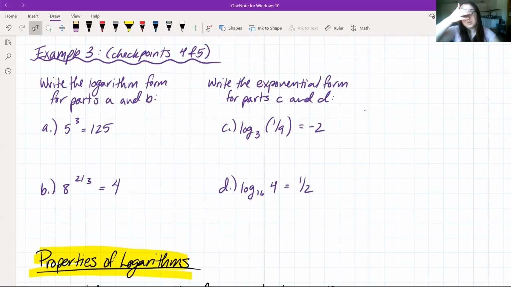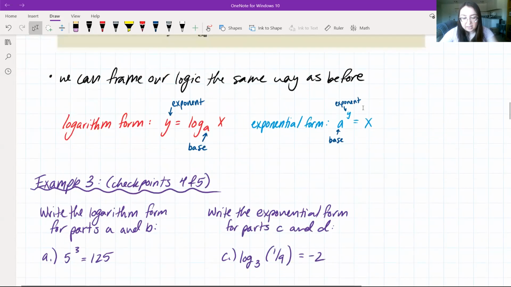So now for example 3, which are checkpoints 4 and 5, or parts of 4 and 5. For parts a and b, we'll write the logarithm form, and then for parts c and d, we'll write the exponential form. So in part a, we're given our exponential form, which is 5 cubed is equal to 125. So what we want to do is write it back in our logarithm form. So we want it in this form instead of this form.